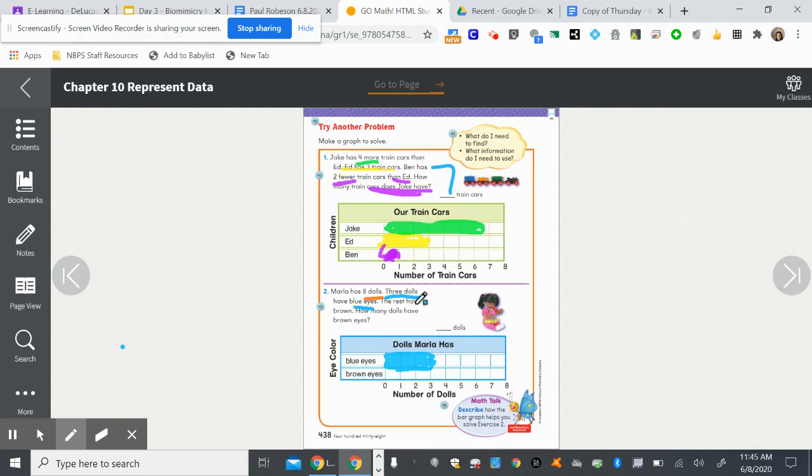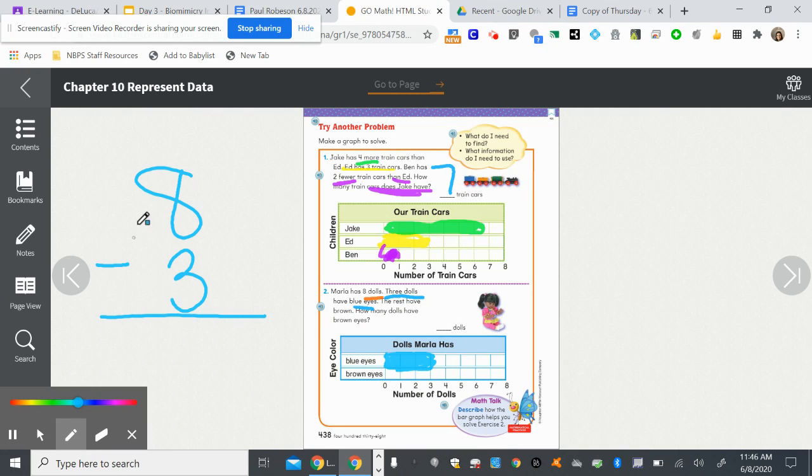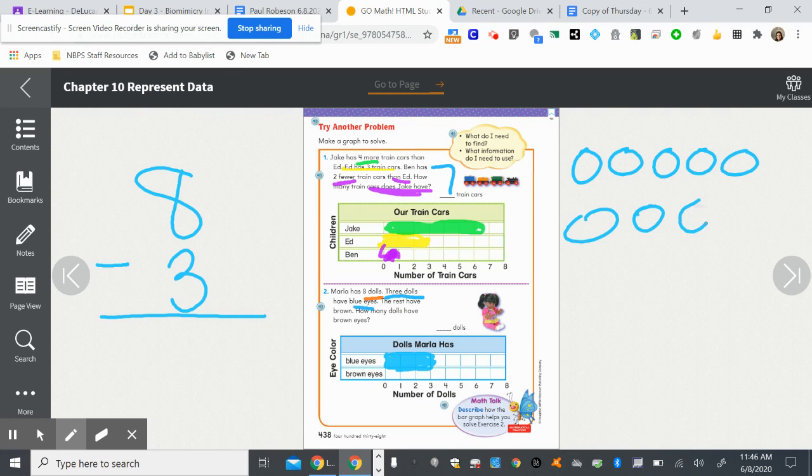Okay. Now the rest have brown. So what we can do to figure that out is we know that she has 8 dolls, right? And 3 of them are blue. So we're taking away because 3 of the 8 are blue. For example, if I drew a picture, 1, 2, 3, 4, 5, 6, 7, 8. 3 of them are blue eyes.